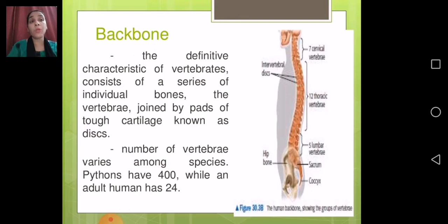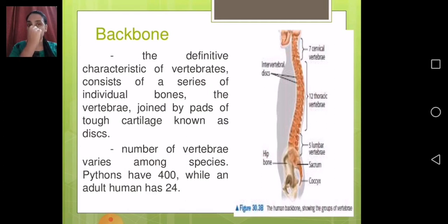Now the backbone, as you can see in the picture, the definite characteristic of vertebrates, consists of a series of individual bones, the vertebrae, joined by pads of tough cartilage known as discs. Now the number of vertebrae varies among species. Python have 400 while an adult human has 24.